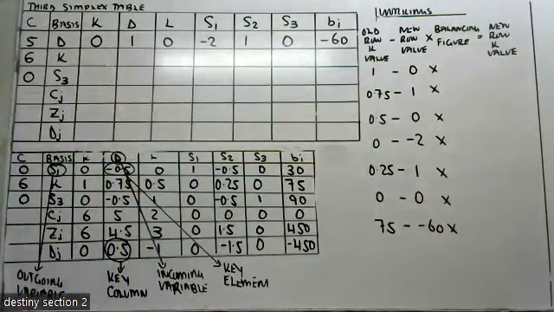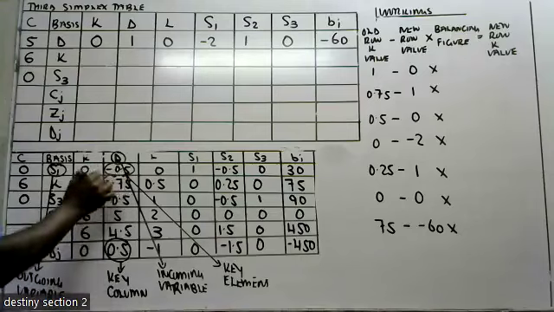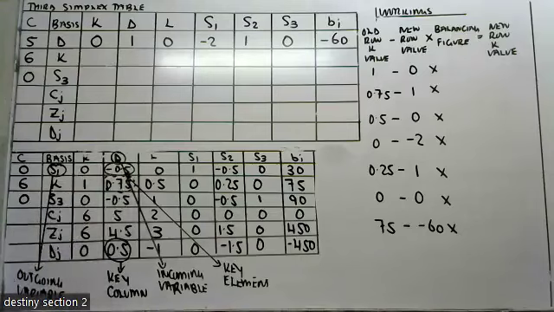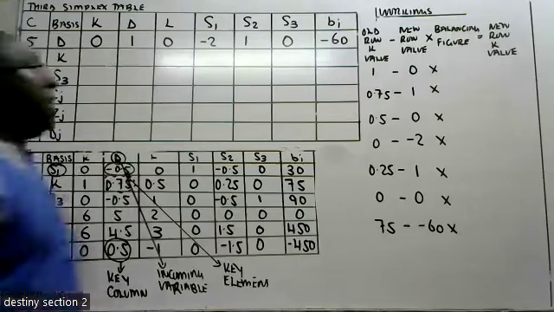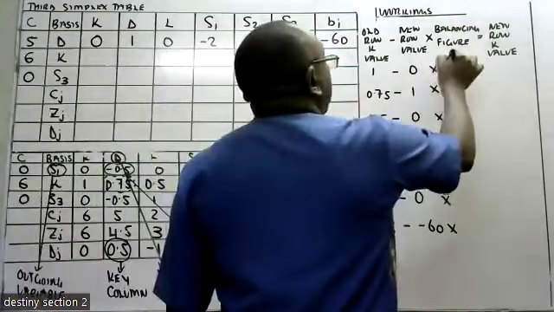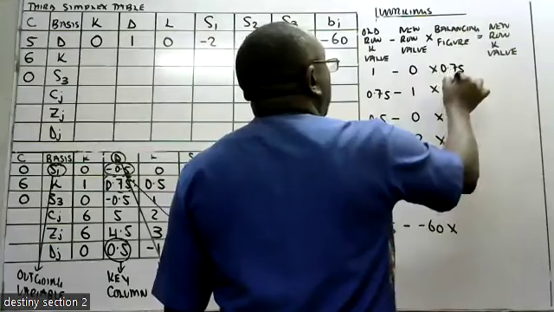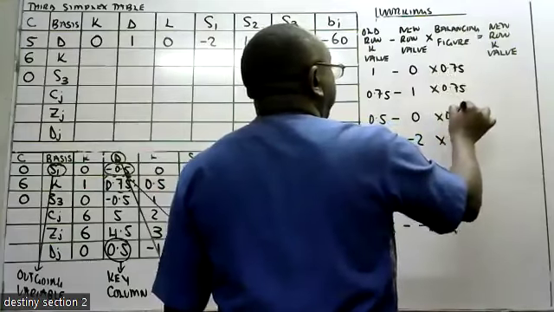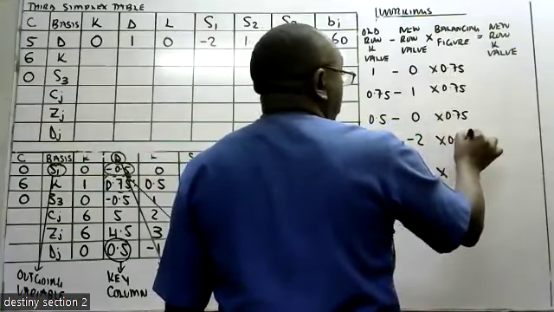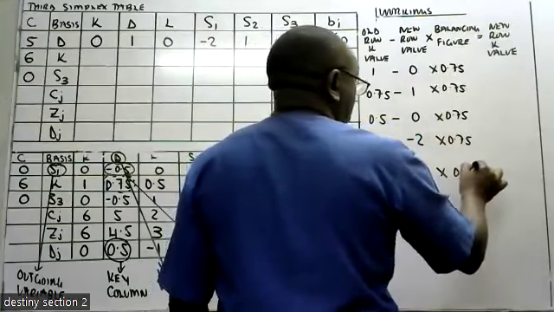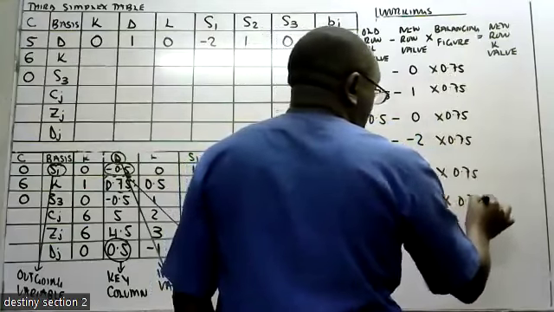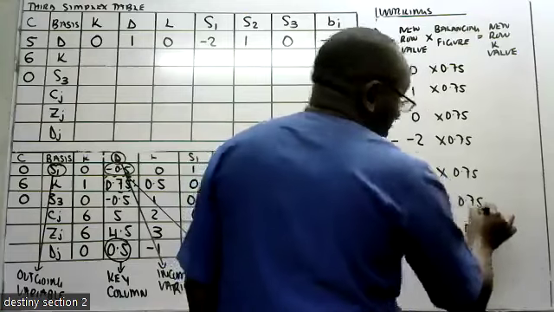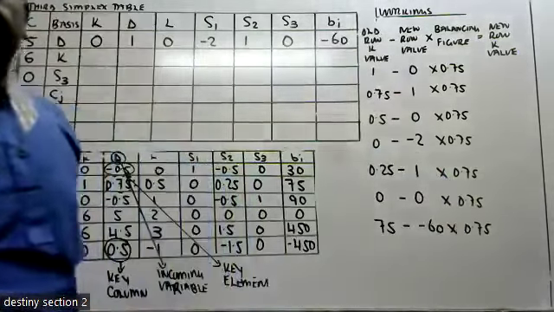We said the balancing figure is the value at the intersection of the key column and the old row that you're dealing with. So we are dealing with K, so 0.75. So you take your calculator and compute.